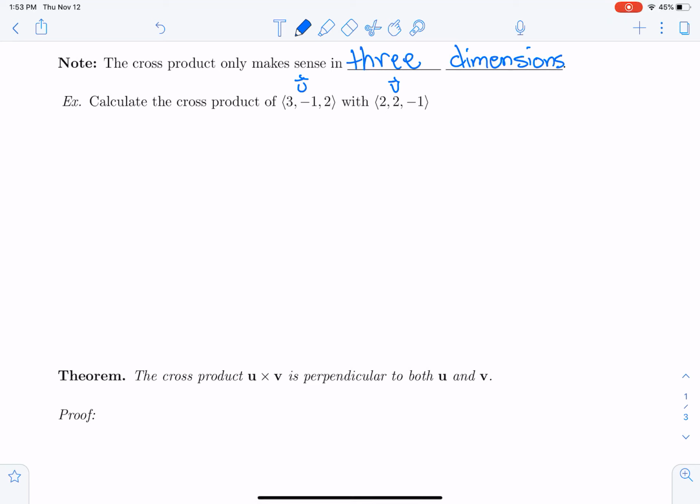And so u cross v is going to be the determinant of a matrix. That matrix has entries i, j, and k, then 3, -1, 2, and 2, 2, -1.